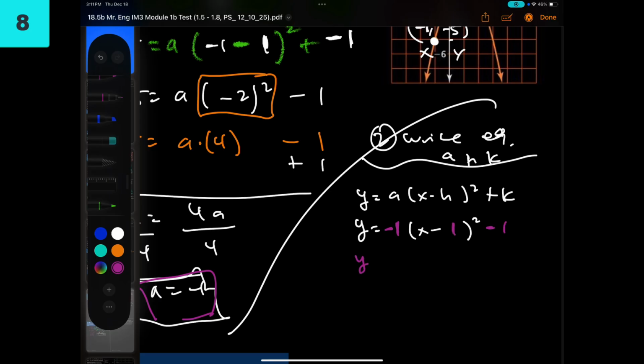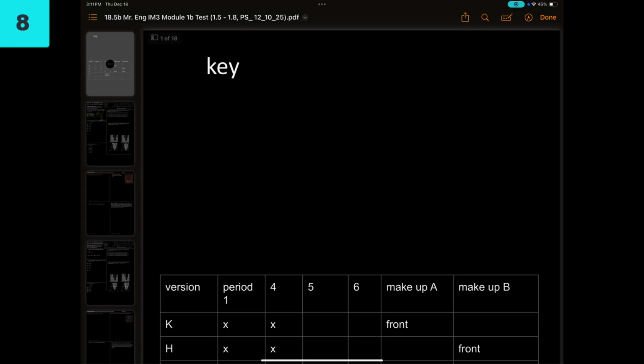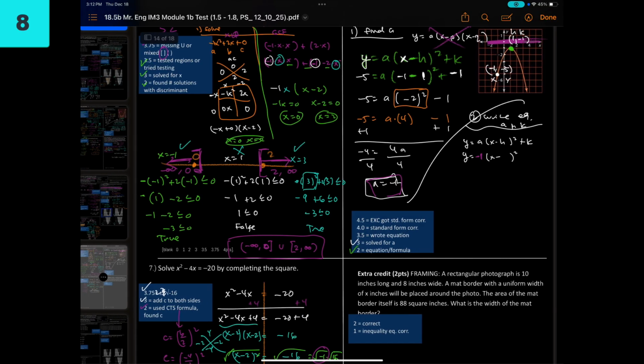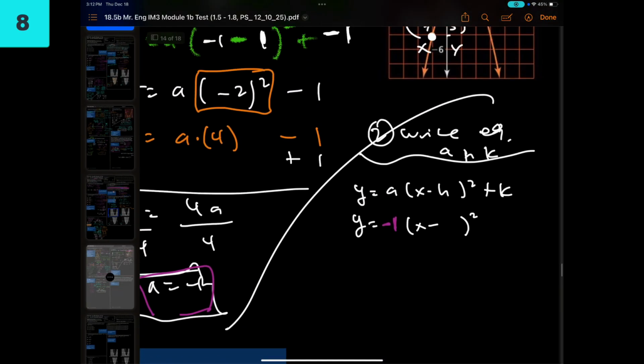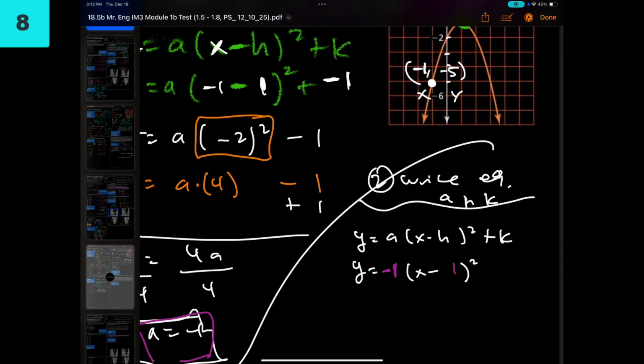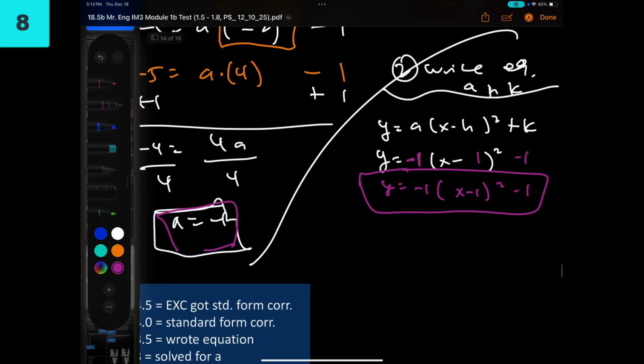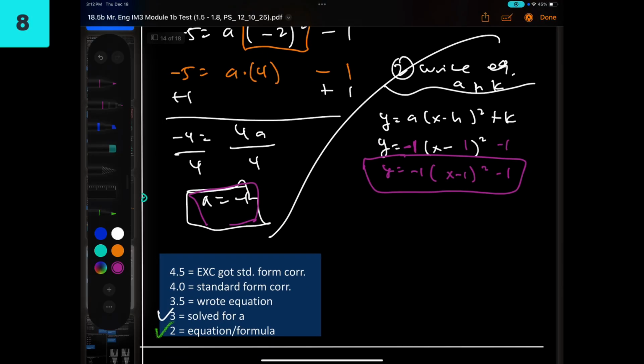So your equation is this. Okay, if you got there, then I give you 4 points for just having the correct equation. So really that's 4 points.